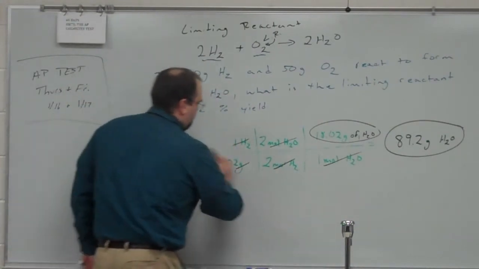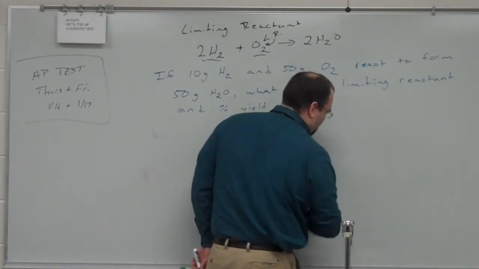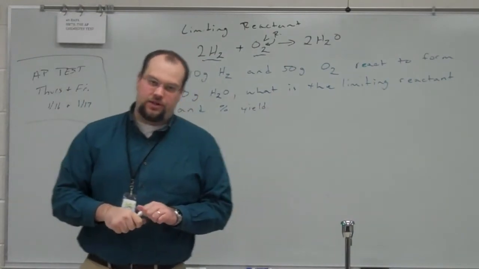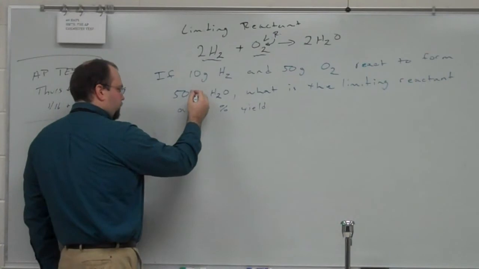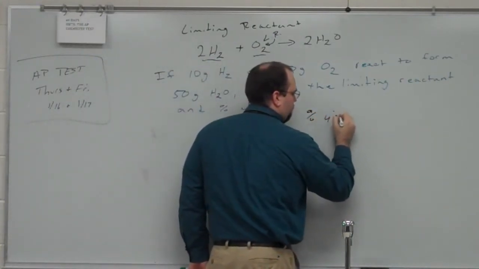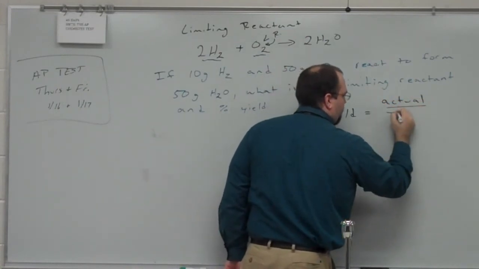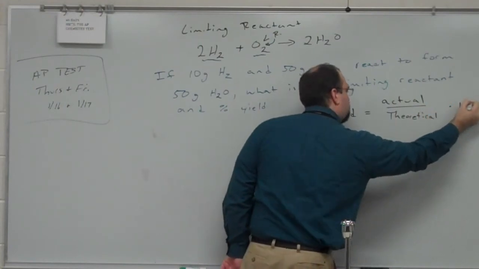All right. Let me erase this work because I need a little bit more room. It also asks for the percent yield, to know exactly how well the laboratory conditions did. Well, I know that my percent yield, let me write the equation, is actual over theoretical times 100.